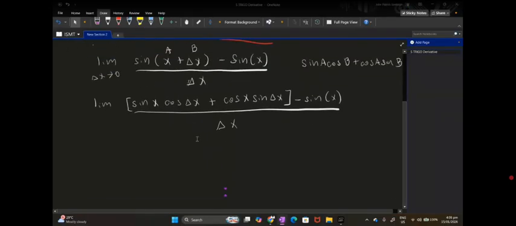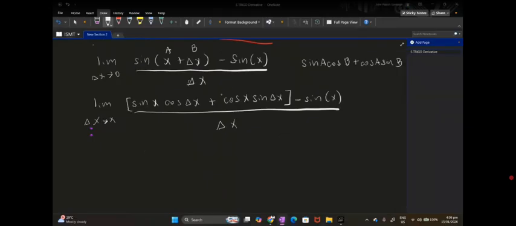Ayan, napalitan na po natin siya and mas na-expand na po natin itong function, itong part na to. Then after that, pwede po natin siyang pagsamahin yung mga like terms. So, notice po na ang first function po natin, ang una niya is sine x and yung second cosine x.